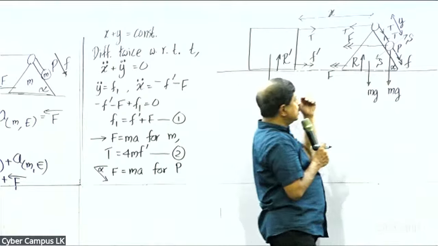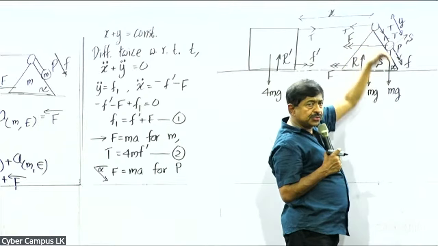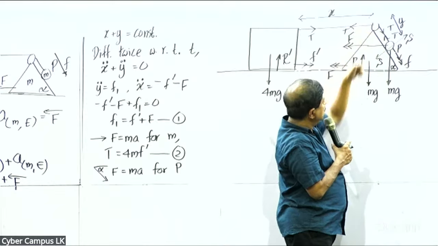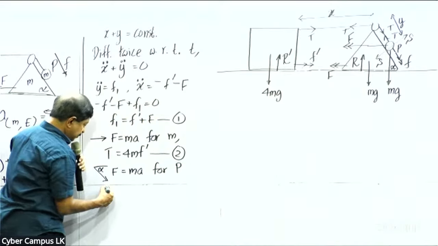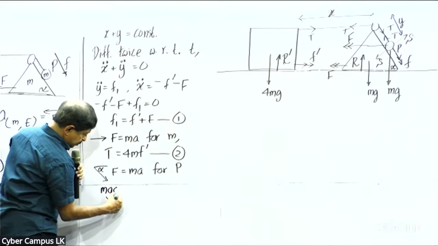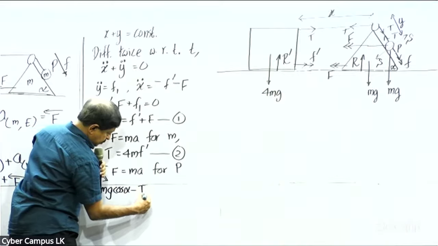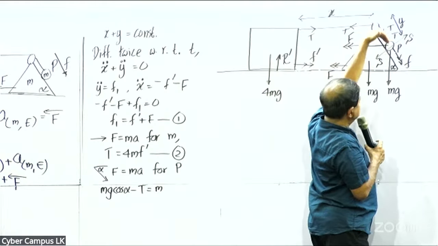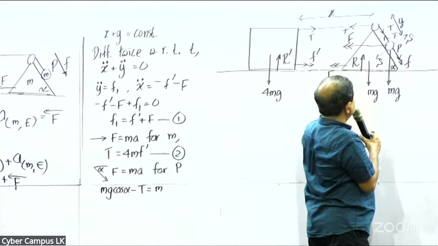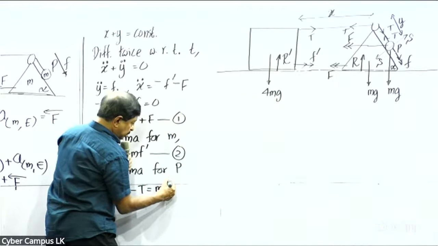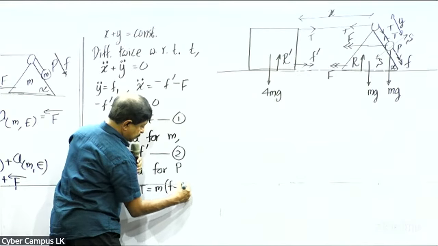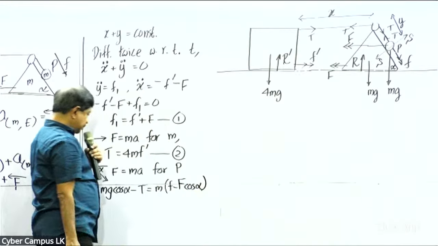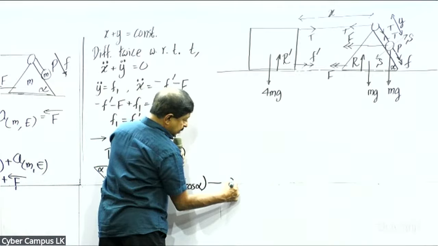Now, what are the forces? S will go away because it's perpendicular. This is mg, this is 90 minus alpha, so mg cos alpha, minus T, is m times the acceleration. In the indicated direction, the acceleration is f minus capital F cos alpha. So that's the third.